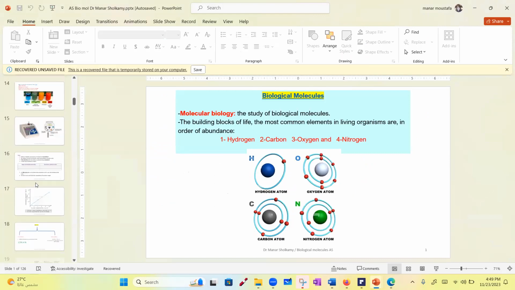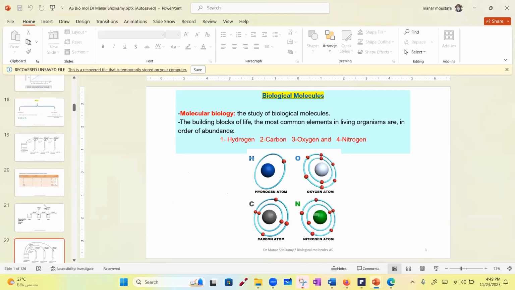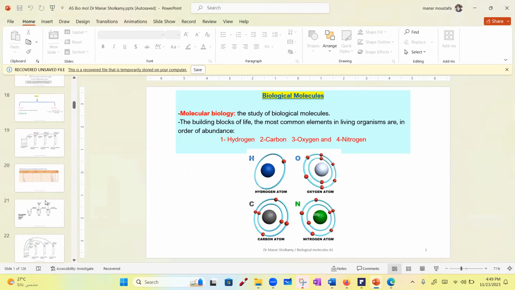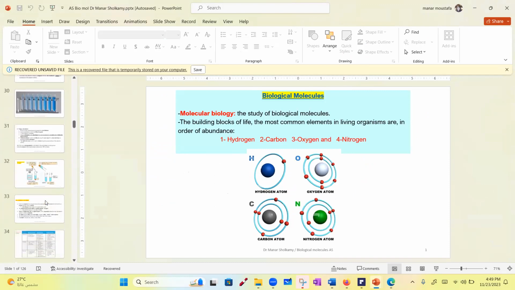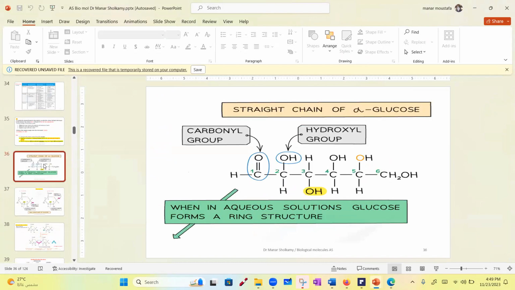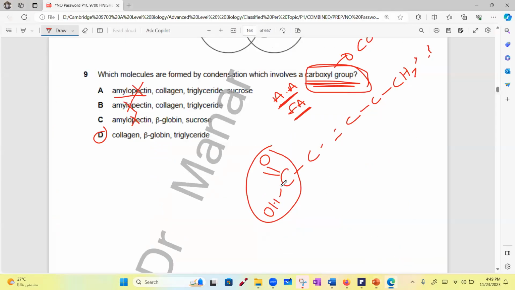The OH, not a double bond. Wait a minute. H, not OH? I wrote it incorrectly here. The carbonyl group is a double bond, O and H. This is a carboxyl, okay?